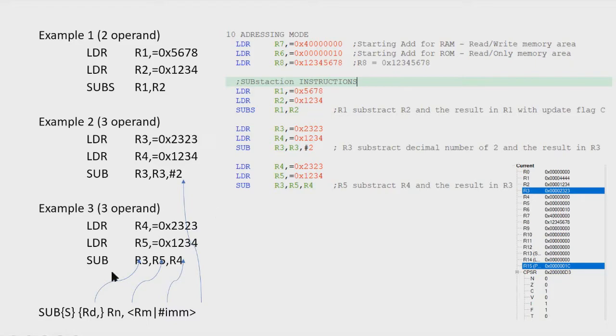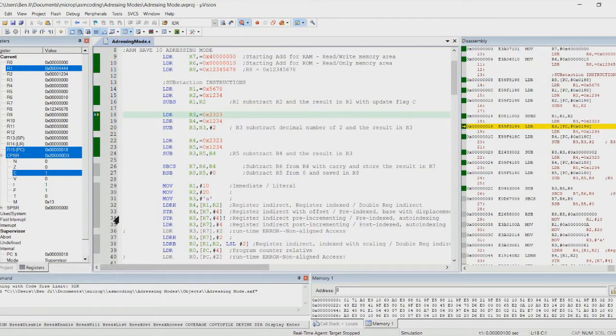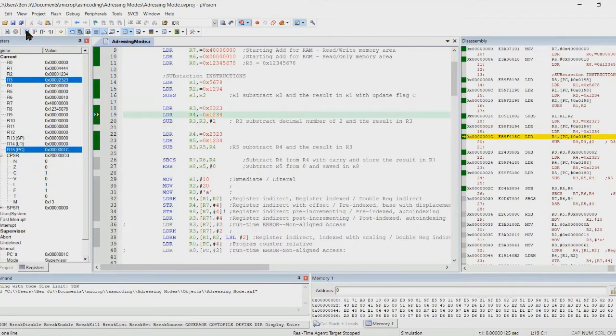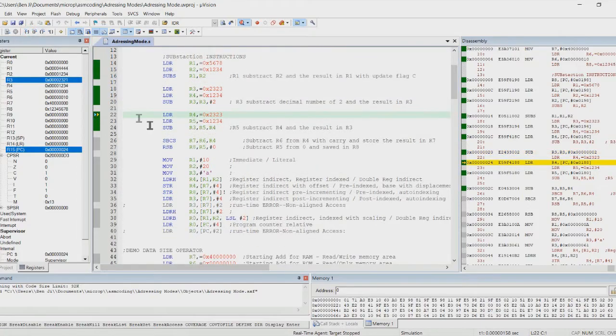We go to Keil. Here we load R3 with 2323, we load R4 with 1234, and then the result is 2321.